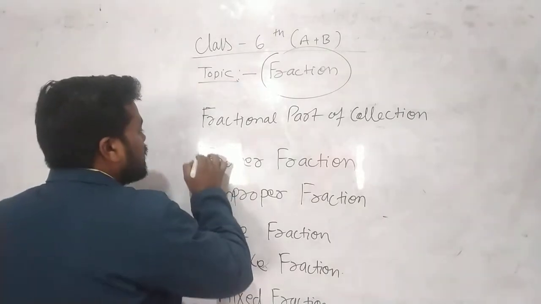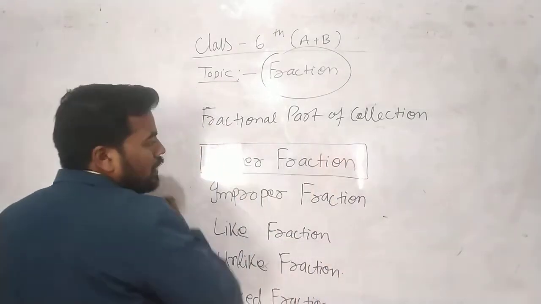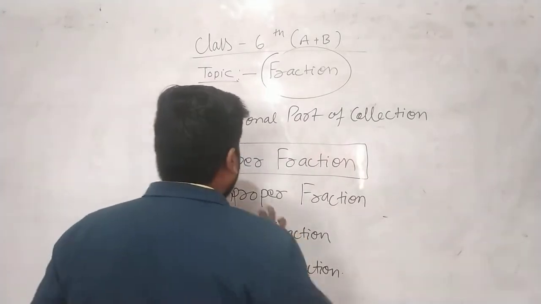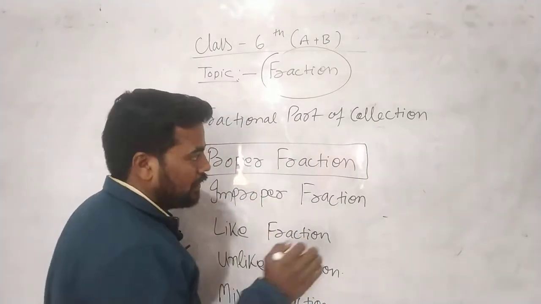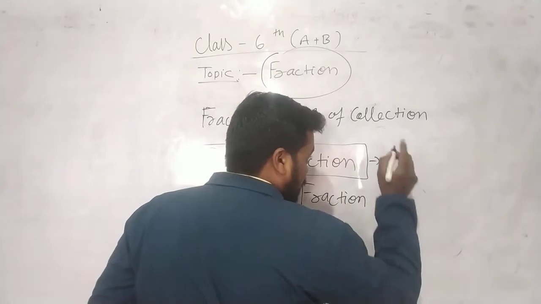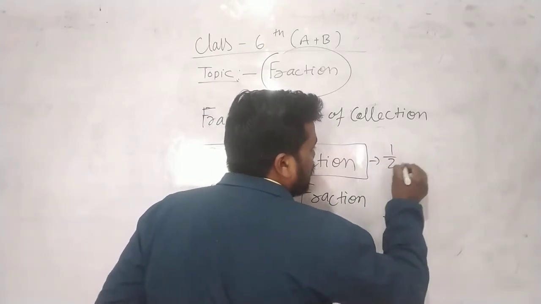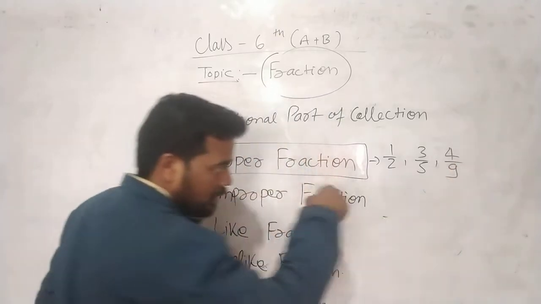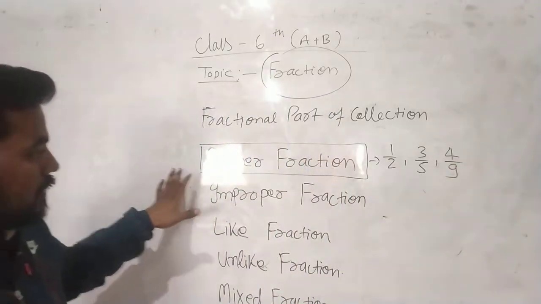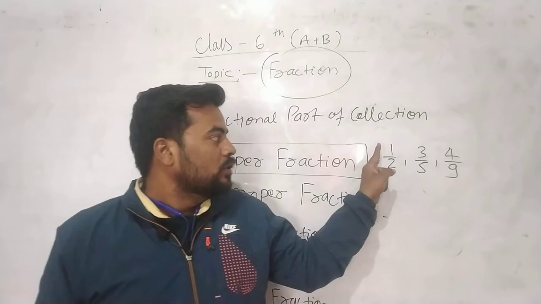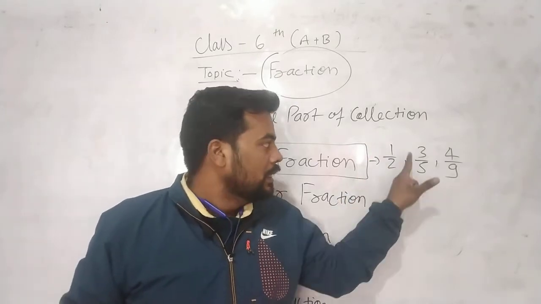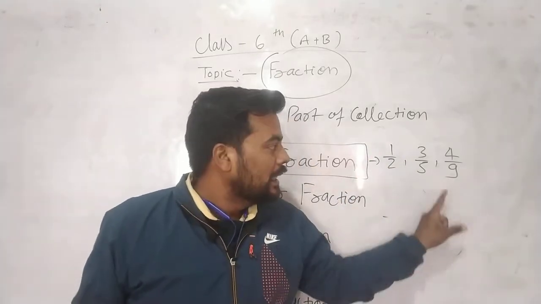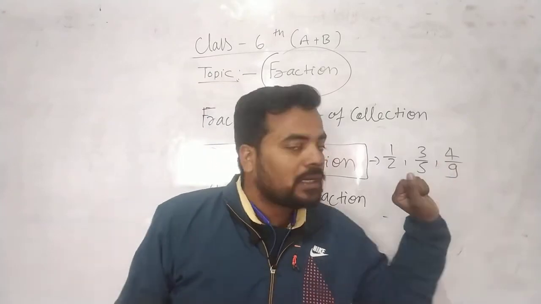So what is proper fraction? Let's take an example to understand proper fraction. Suppose that 1/2, 3/5, 4/9, these are the examples. In this example you notice that numerator is smaller than denominator, and in the third one also numerator is smaller than denominator.